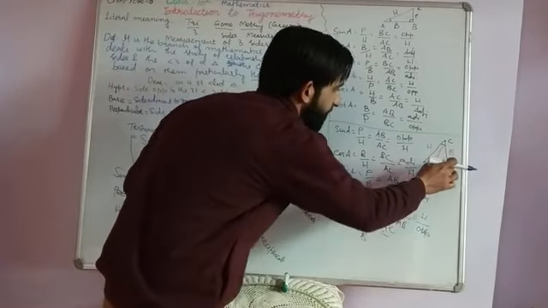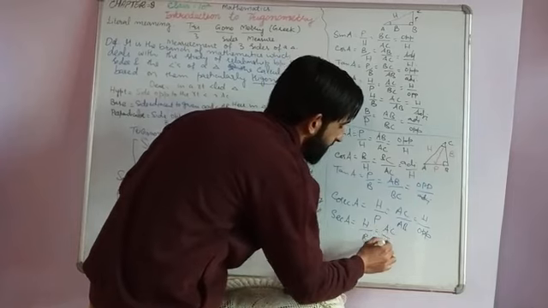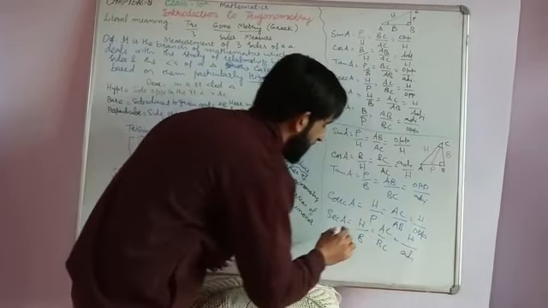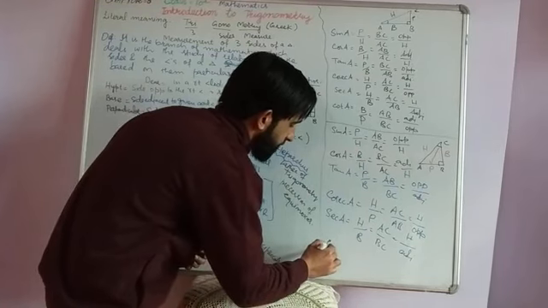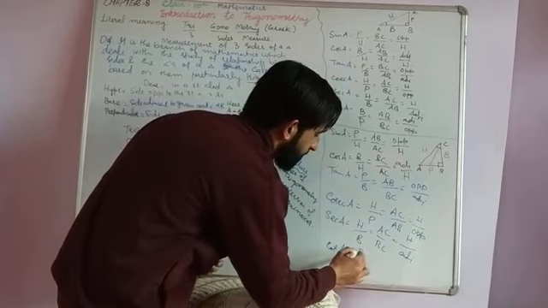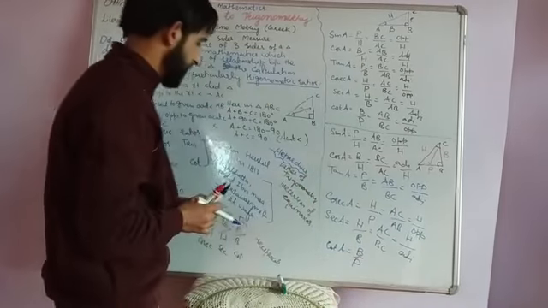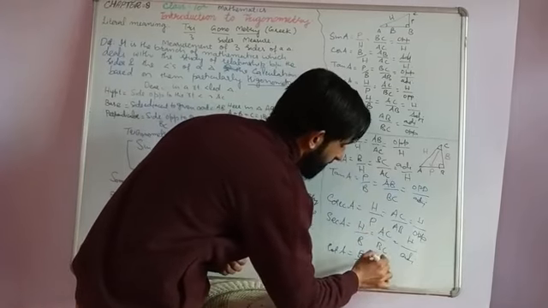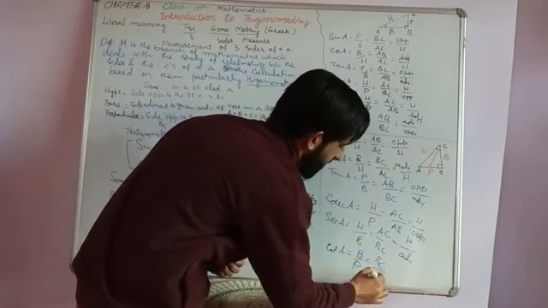Hypotenuse is AC and base is BC, that is hypotenuse divided by adjacent side. Cot is base upon perpendicular, that is base BC divided by AB.